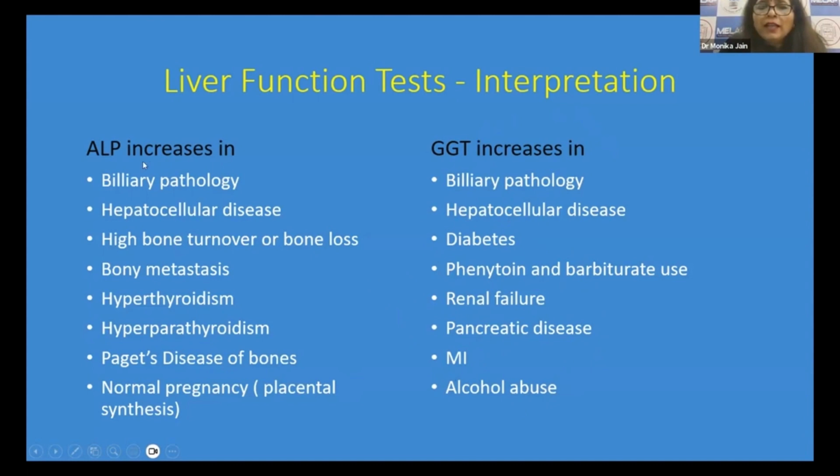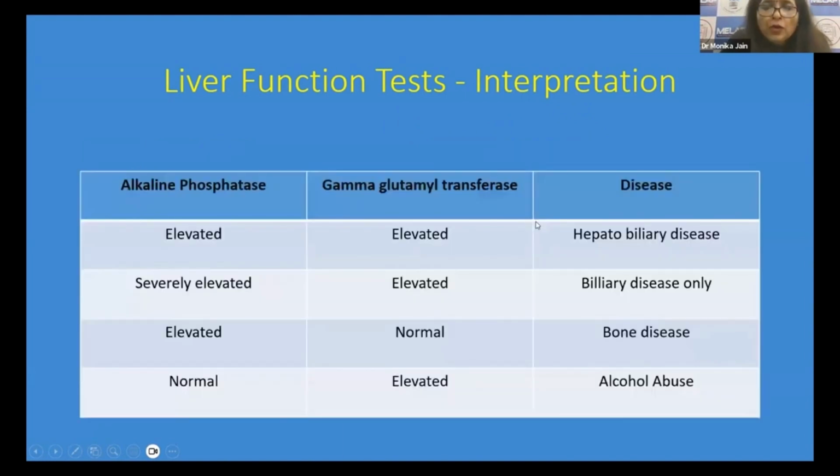So if a patient is having an increase in gamma GT, probably we think that this is biliary in origin or hepatocellular in origin. This table shows that if a patient comes with raised alkaline phosphatase and raised gamma GT, probably the problem is with the hepatobiliary system.